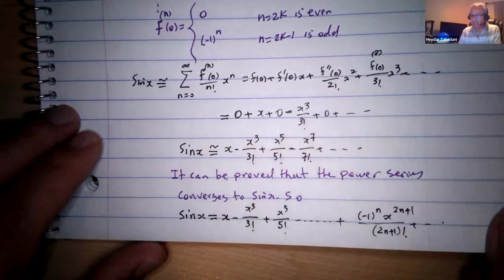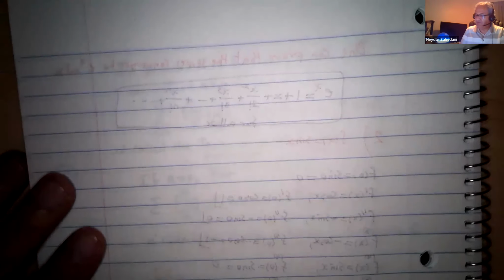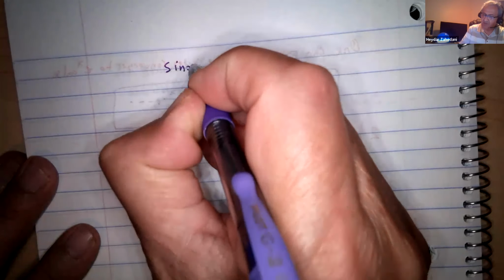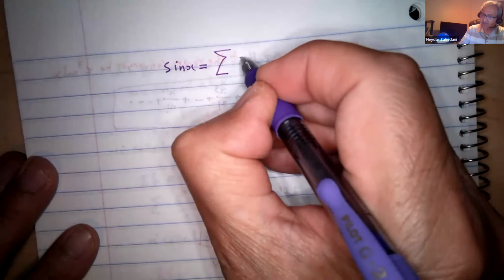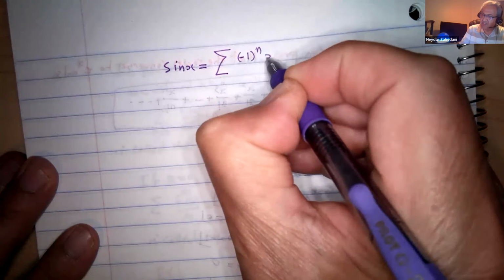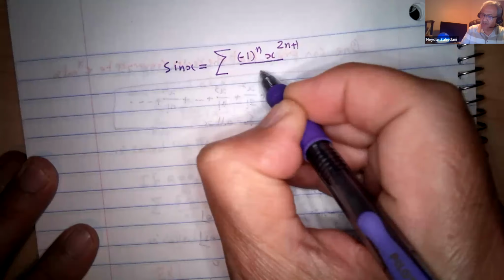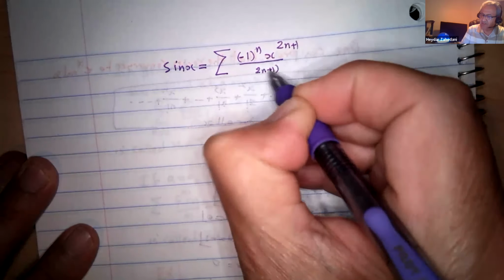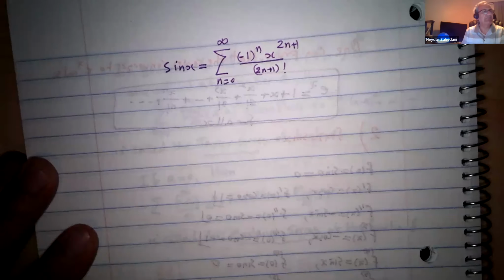Okay, so I write it down again in condensed form. If you want to write in the sigma form, sometimes you have to. So this is what you have. The Maclaurin series, or just the power series of the sine, is sigma of negative 1 to the n x to the 2n plus 1, odd power, divided by 2n plus 1 factorial, n from 0 to infinity.